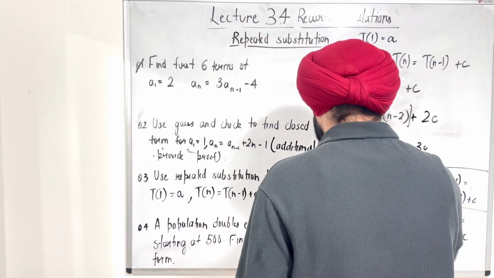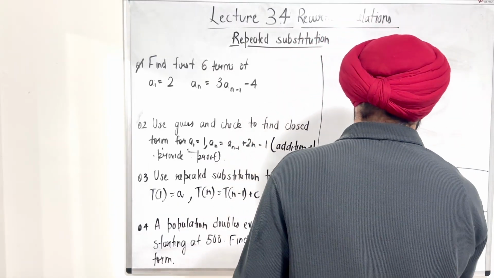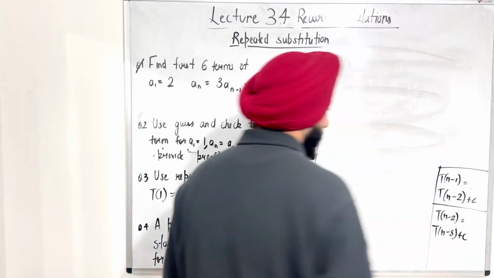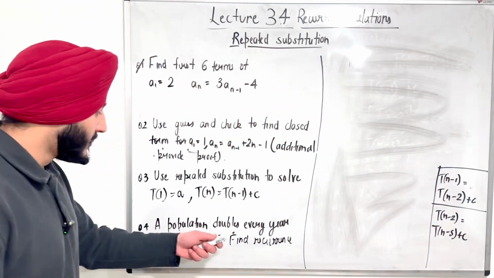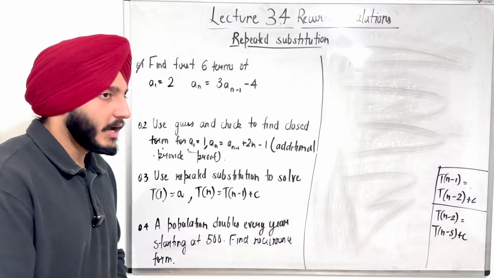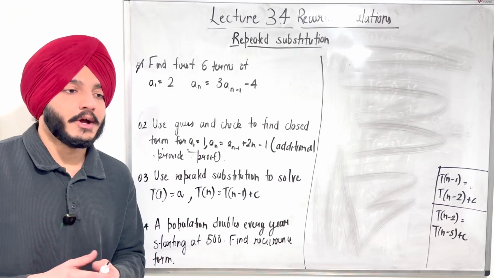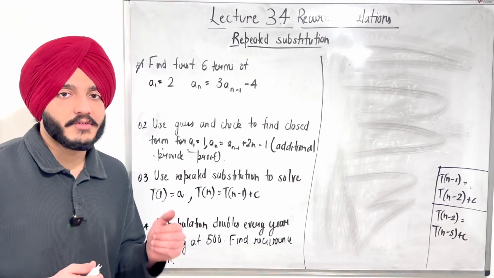Population doubles. Just erase it first. Okay, so a population doubles every year, starting at 500. Find the recurrence form. Let's just logically think of it. A population is starting at 500.